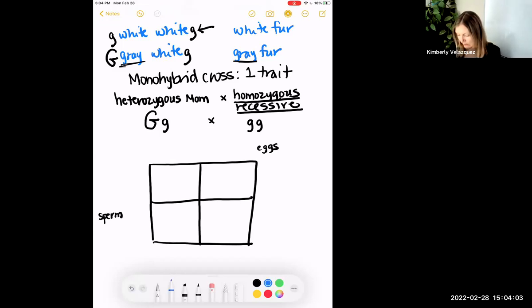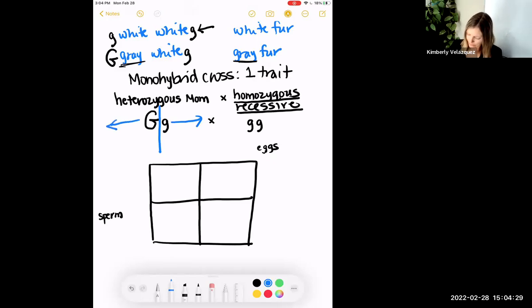Remember that during meiosis, wow, meiosis is significant here. In meiosis, each of these rabbits are going to make gametes. During meiosis 1, this pair of chromosomes is going to get split up. And this little g is going to go to 50% of the eggs, and the big G is going to go to 50% of the eggs.